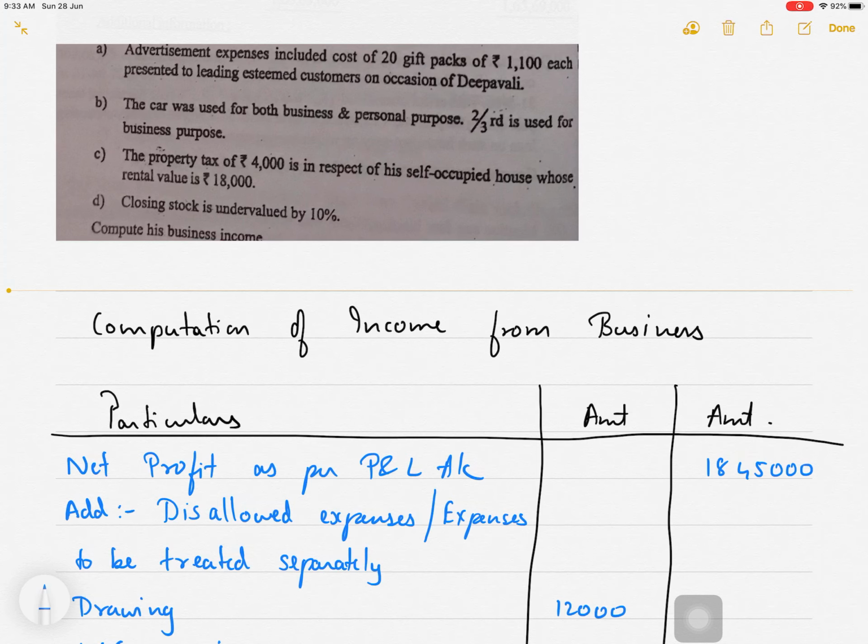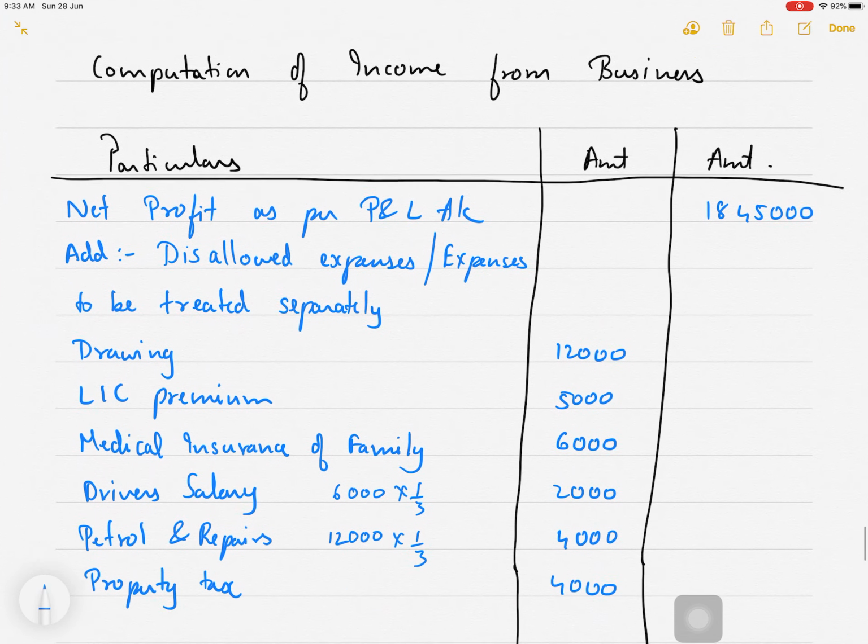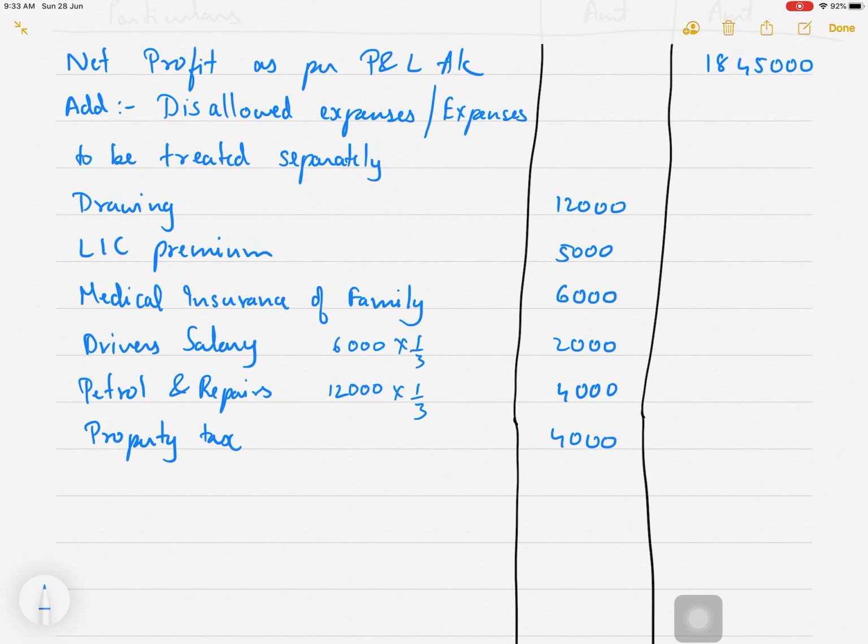And last adjustment, closing stock is undervalued by 10%. That means net profit is understated. Net profit is understated. That's why you have to add it. Correct?